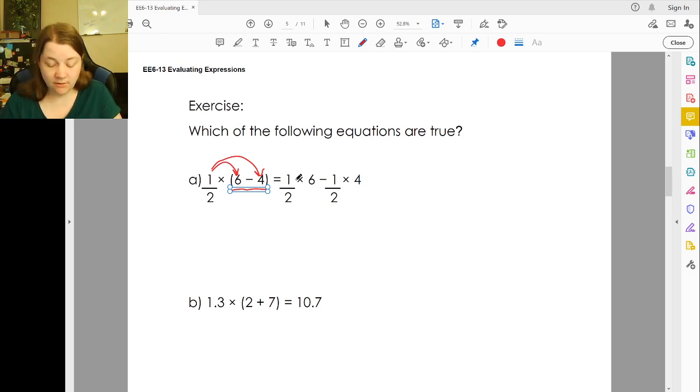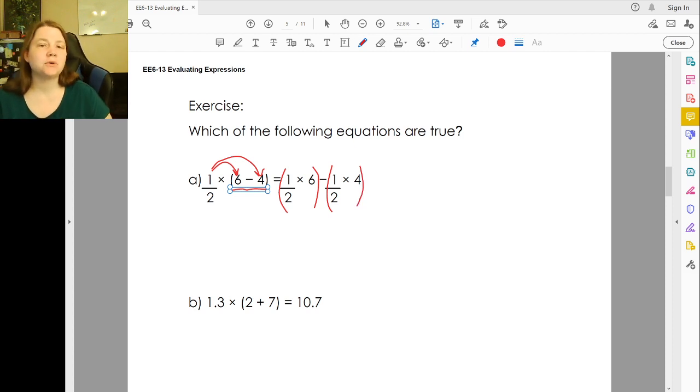So this would be 1/2 times 6, and could I put that in parentheses? Sure. And then it would be 1/2 times 4. Could I put that in parentheses? Sure. Do I need the parentheses there to tell me that 1/2 times 6 and 1/2 times 4 are going to be done before this subtraction sign?